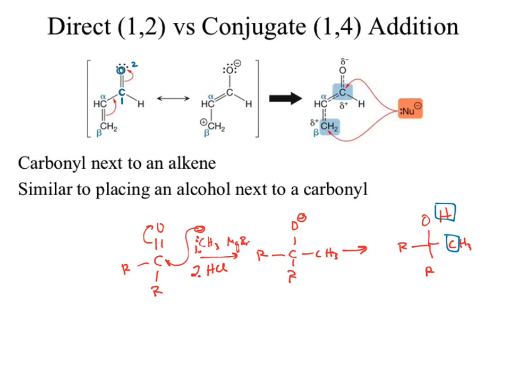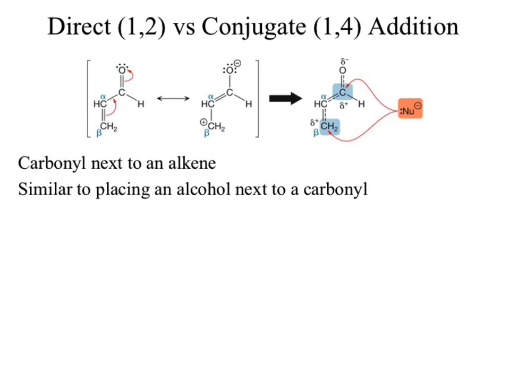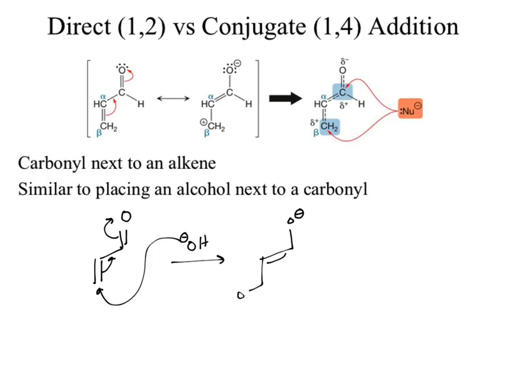What happens if I now make it a Grignard, or sorry, not Grignard, an alpha-beta unsaturated carbonyl? Okay. Now if I go through and add, say, like hydroxide, okay, I've only added it the one position, if we will, right?